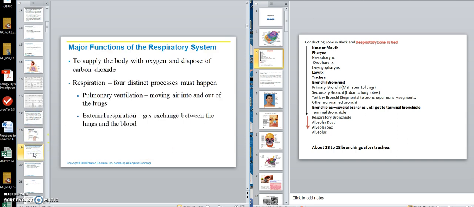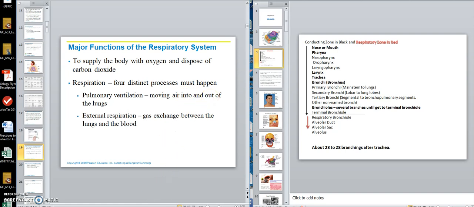Major functions of the respiratory system. What are they? To supply the body with oxygen and dispose of carbon dioxide. You already pretty much know that. Respiration has four distinct processes. Pulmonary ventilation is moving air in and out of the lungs.